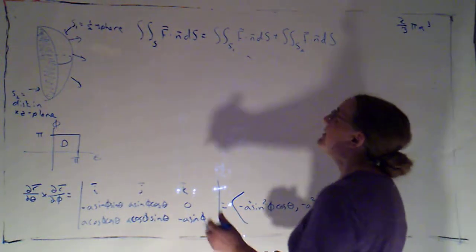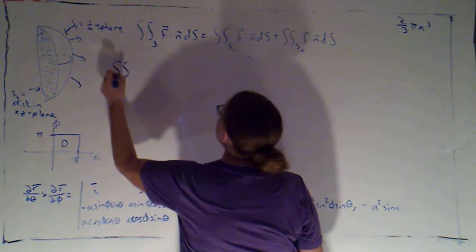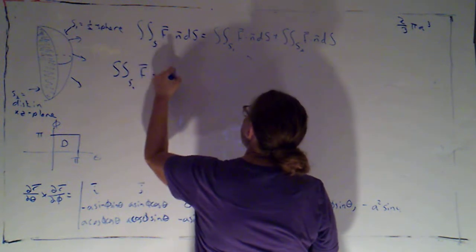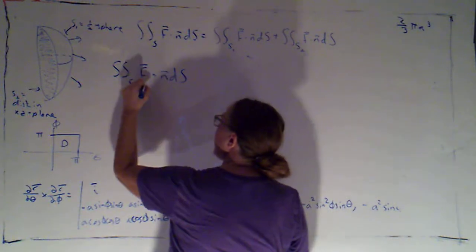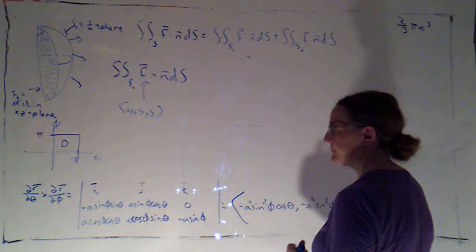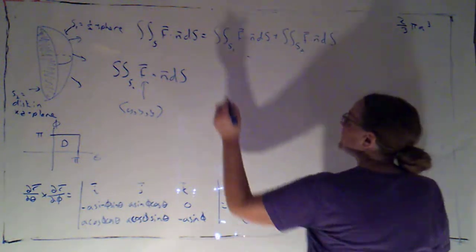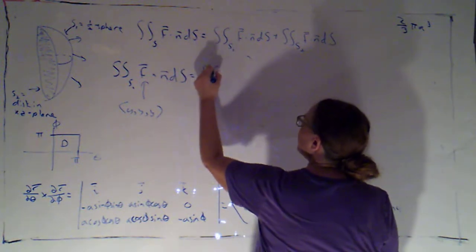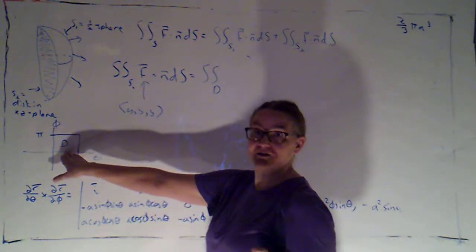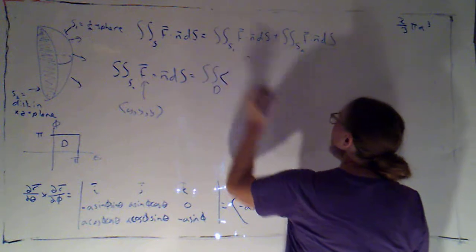Okay. All right, so the double integral along S1 of f dotted with n dS. And remember, f was y. So that's going to be the double integral along D, this rectangle in the theta phi plane.